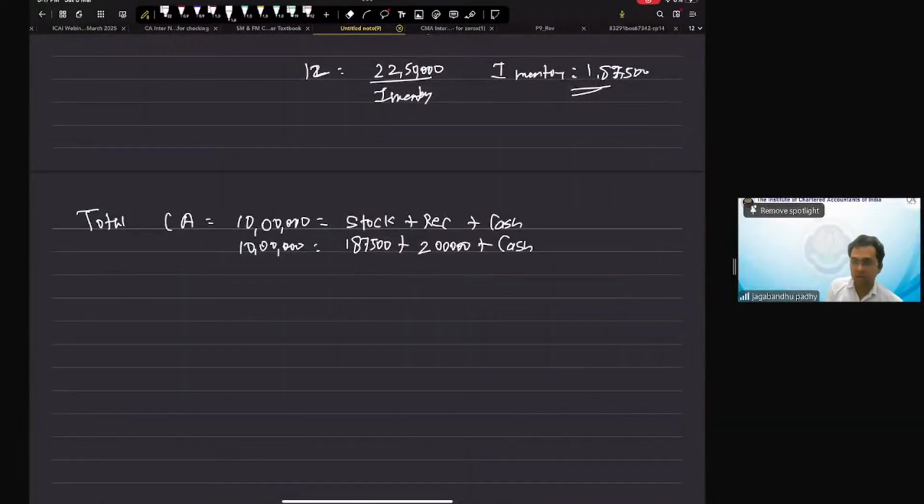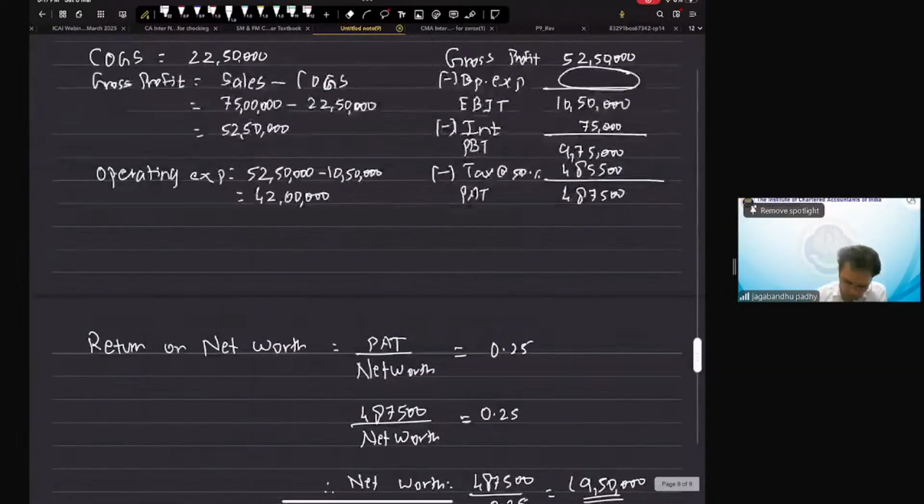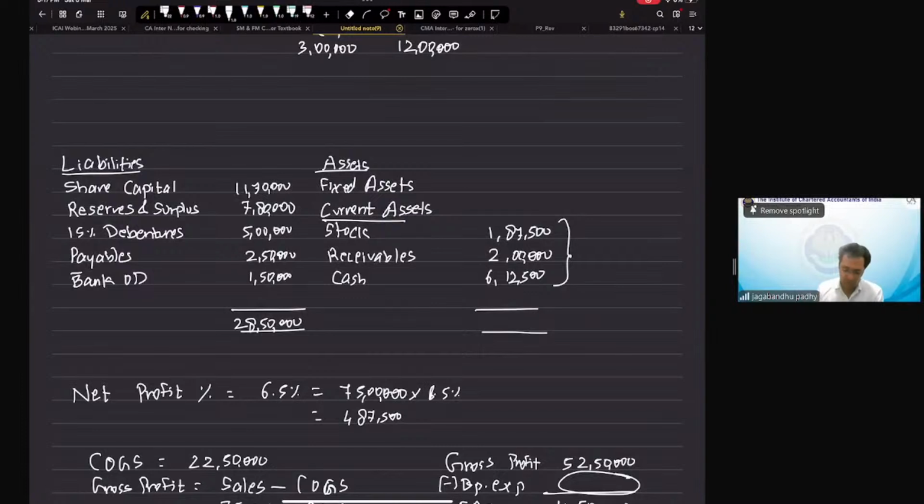Of course, you'll get the cash balance. Cash balance is how much, guys? 6,12,500. Okay. And this total was 10 lakh.